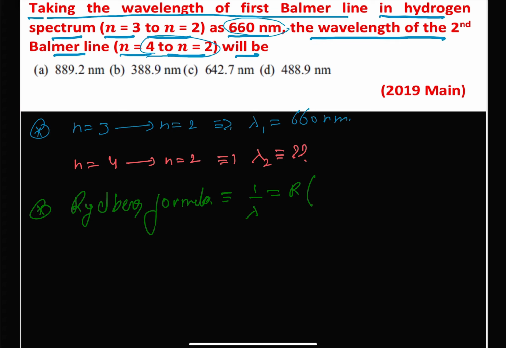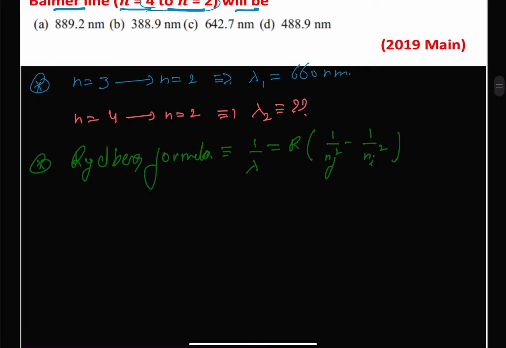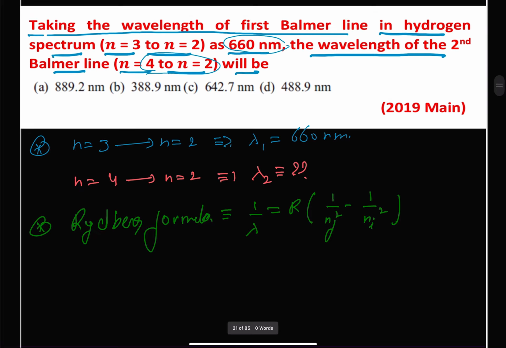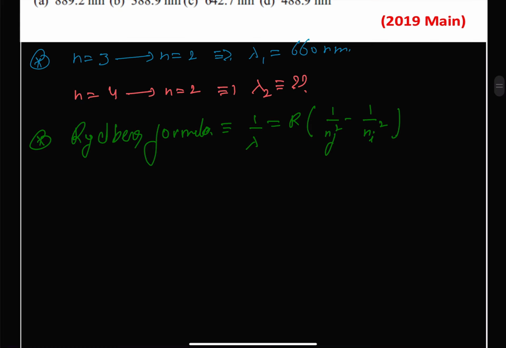So we can write this as 1 upon nf square minus 1 upon ni square. For Balmer, our nf will be fixed, that is 2, whereas value of ni will be equal to 3, 4, 5 and so on.